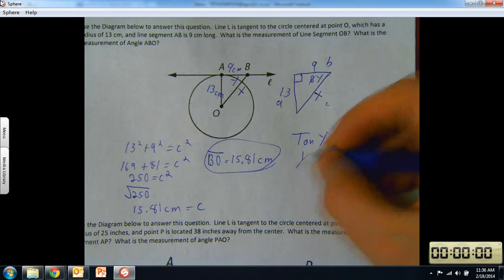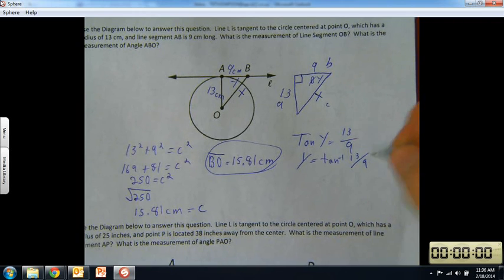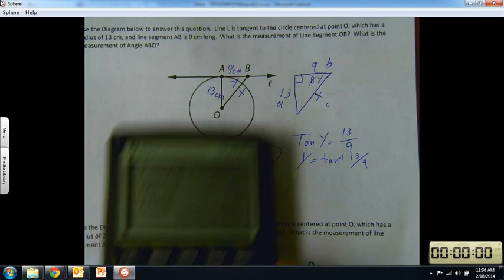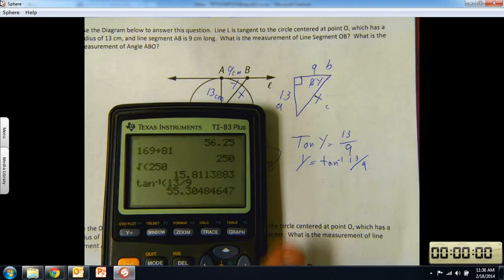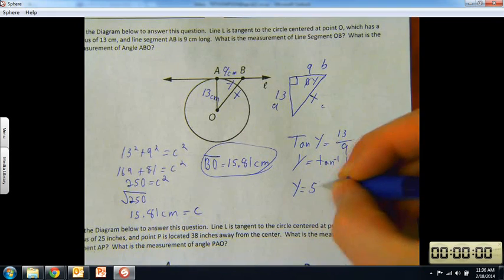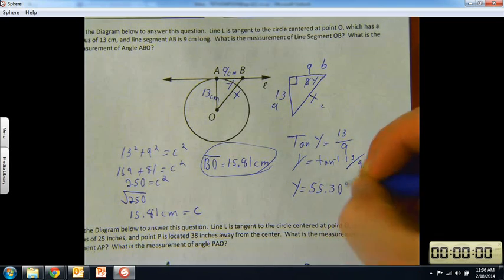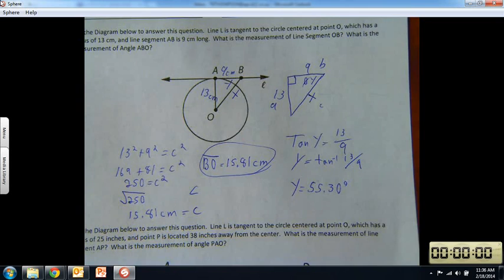So y equals the inverse tangent of 13 over 9. Do that calculation. Second tangent, 13 divided by 9. I get 55.30. Y equals 55.30 degrees, which is our angle of ABO.